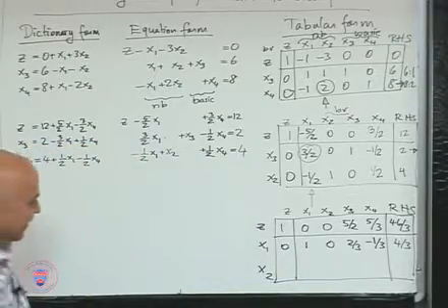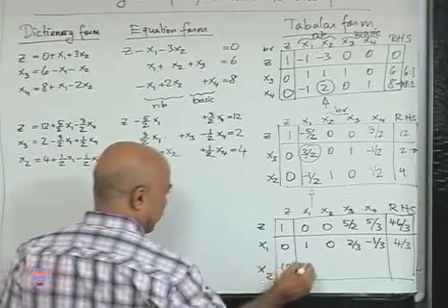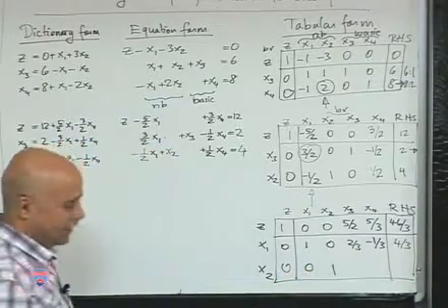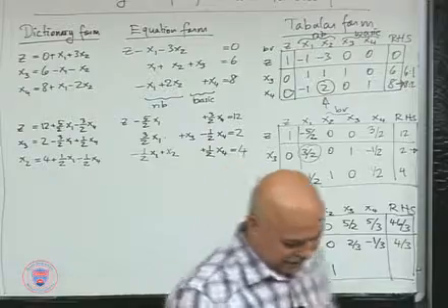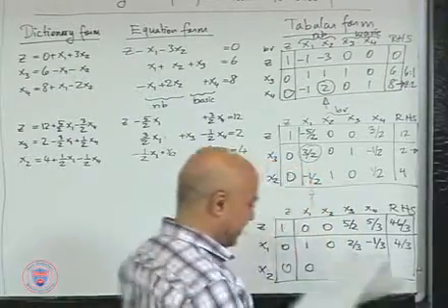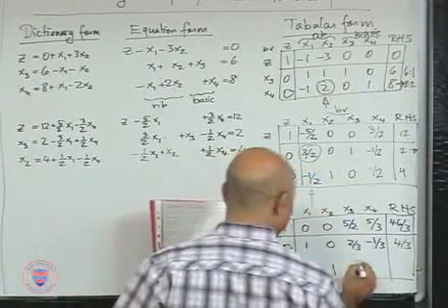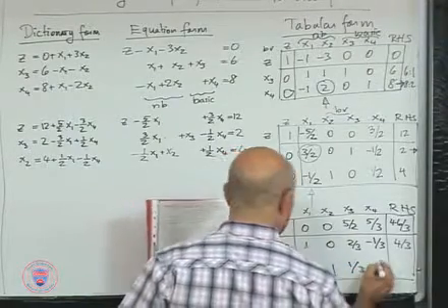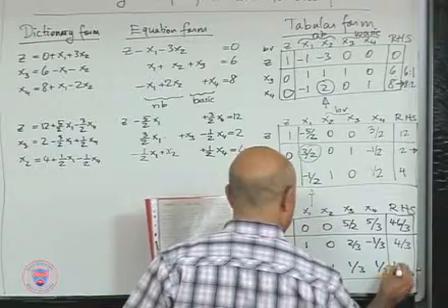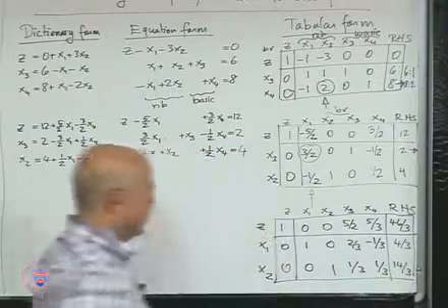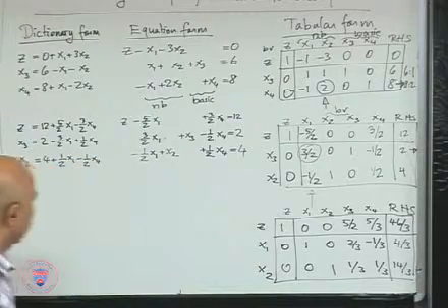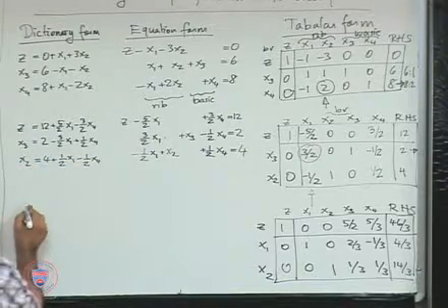I know you have a 0 here, a 0 here, a 1 here. I'm lazy. Let me just copy it down. 1/3 and 1/3 again. And 14/3. That's what you should have, which, of course, corresponds to the dictionary form.